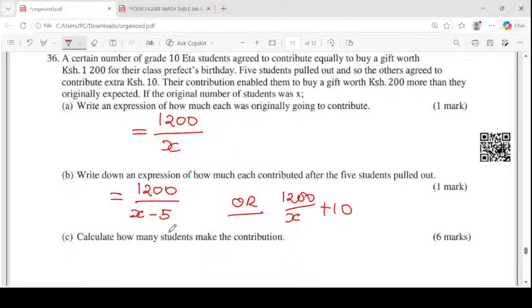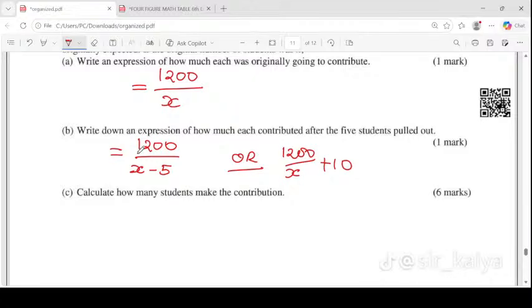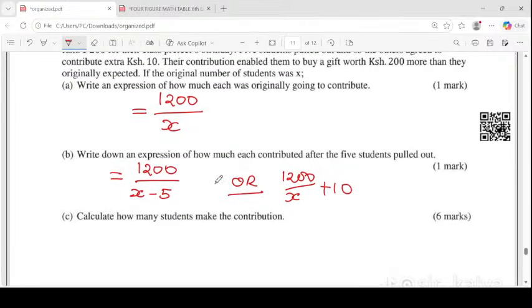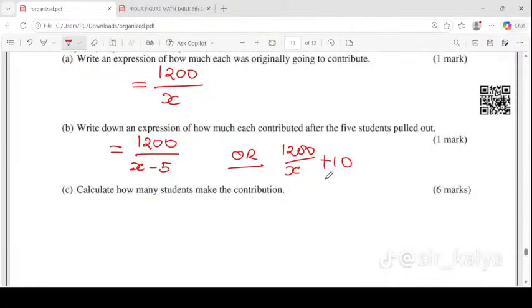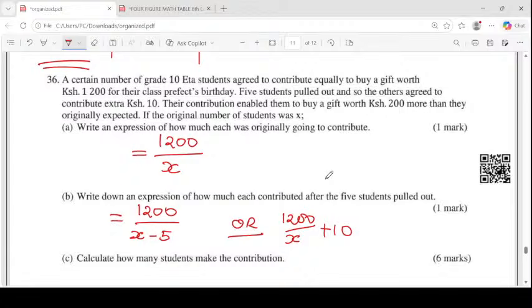Calculate how many students make the contribution. By contributing this way, there was a difference of 200 shillings. Their contribution enabled them to buy a gift worth 200 shillings more.